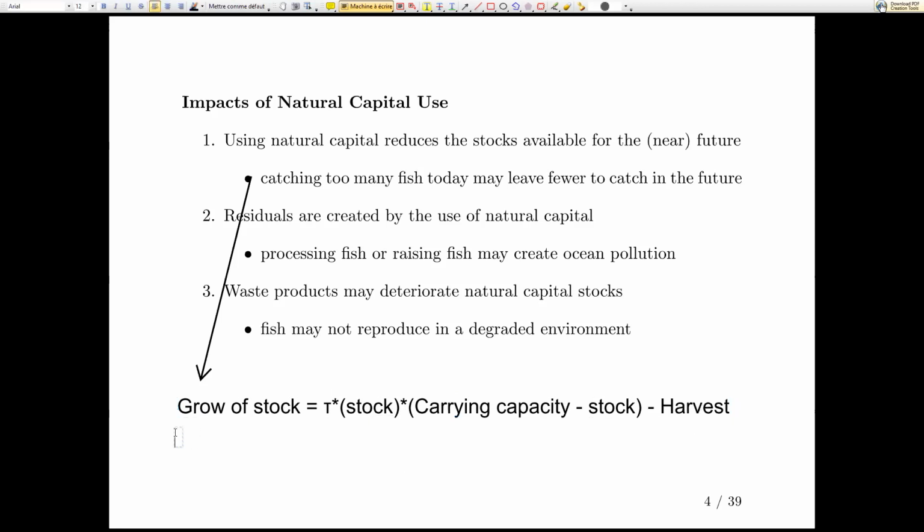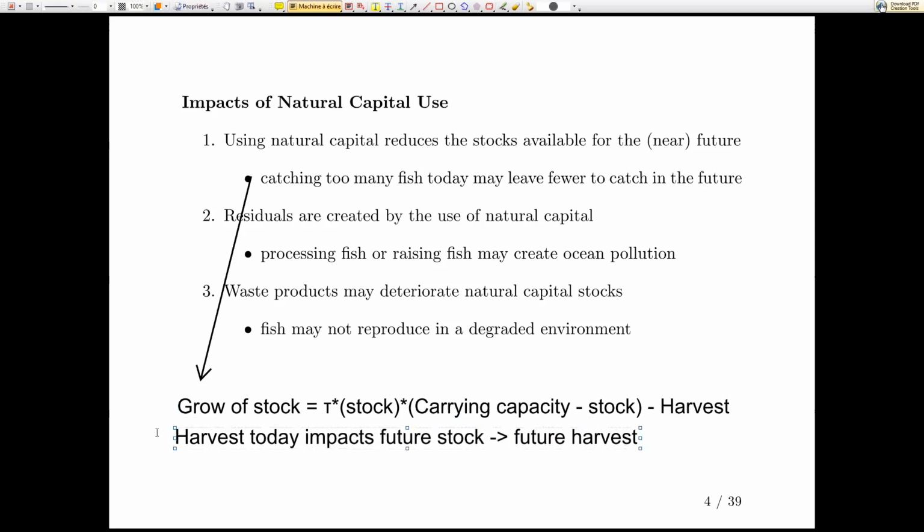So harvest today impacts future growth, future harvest possibility, future stock, and future harvest. I'm not going to ask you to remember this formula.